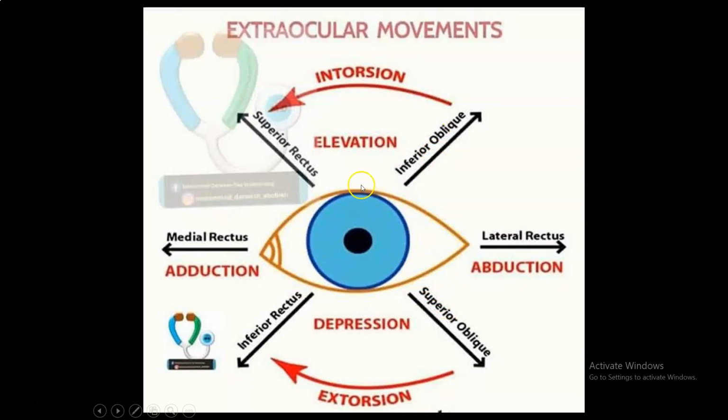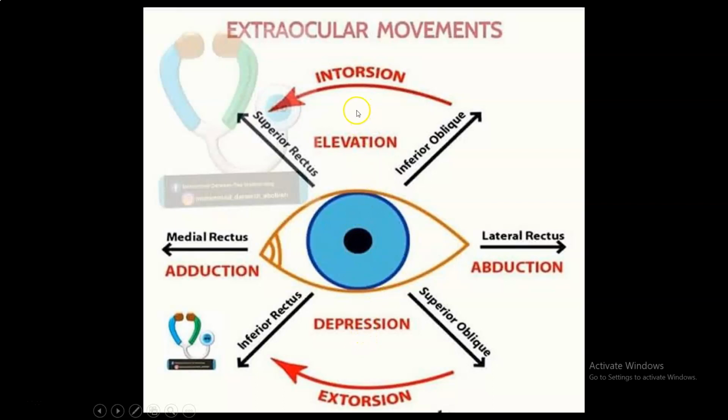So never ask the patient to look upwards or downwards, because upwards is a combination of two muscles, inferior oblique and superior rectus, and downwards is a combination of two muscles, inferior rectus and superior oblique. So when you tell the patient to move in different directions, use the horizontal direction, medially and laterally, and a diagonal direction, not an upper and lower direction.